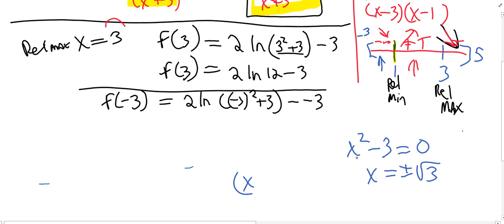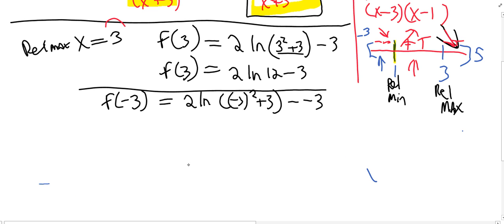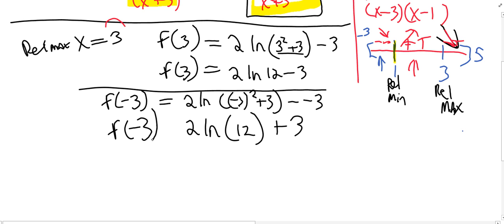Alright, so let's finish this f of negative 3 before this video gets even more boring and more long. We have 2 natural log of positive 9 plus 3 plus 3. Okay. Well, this is kind of convenient, I suppose.